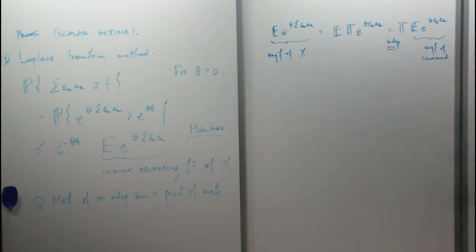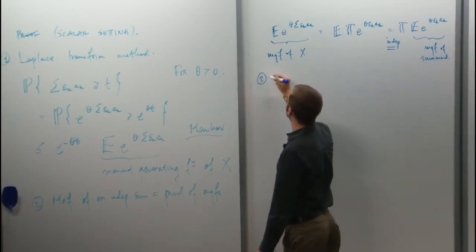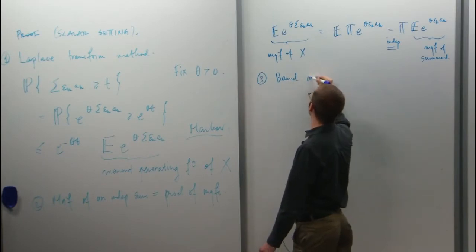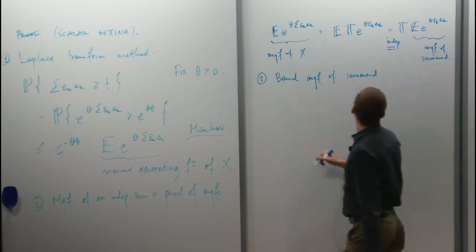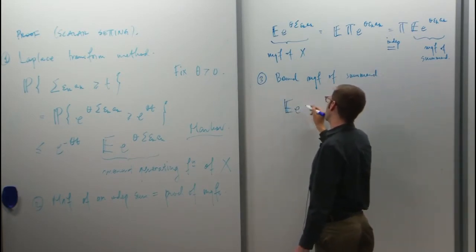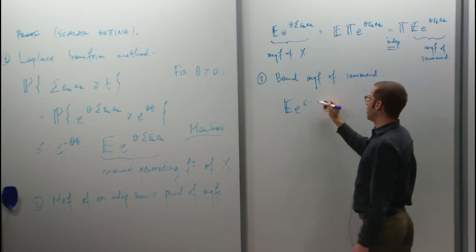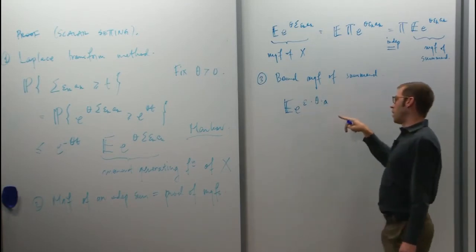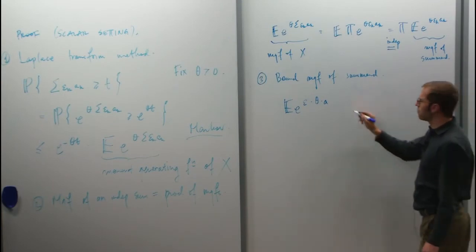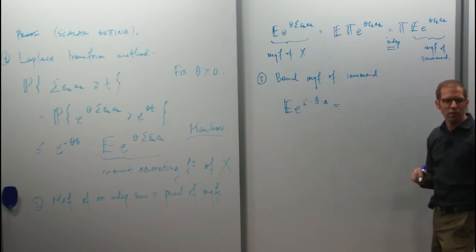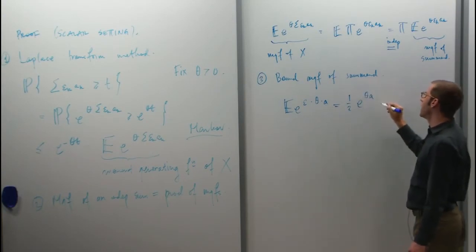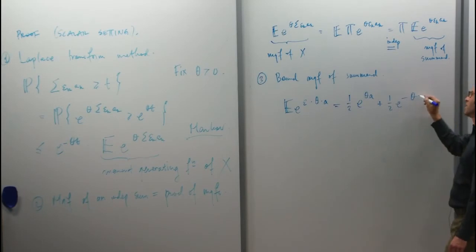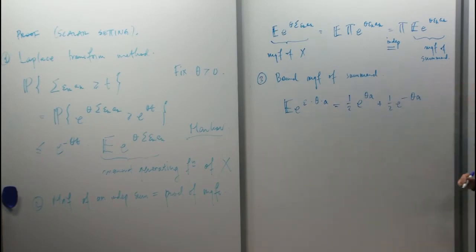So now, if we want to continue, we need to bound this moment generating function. So let's have a look at this guy. This is a Rademacher times a parameter theta times a number a. Rademacher takes two different values, +1, -1 with equal probability. So this is equal to 1/2 times e to the plus theta a plus 1/2 times e to the minus theta a, corresponding to the two values of epsilon.